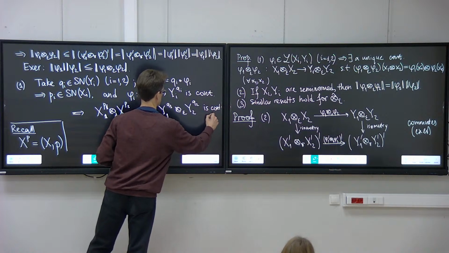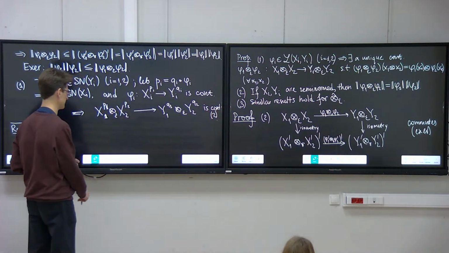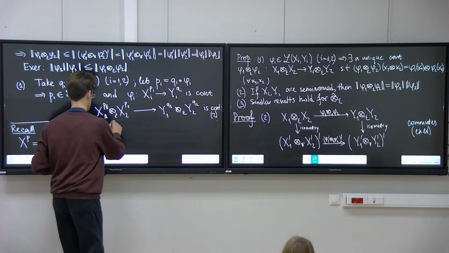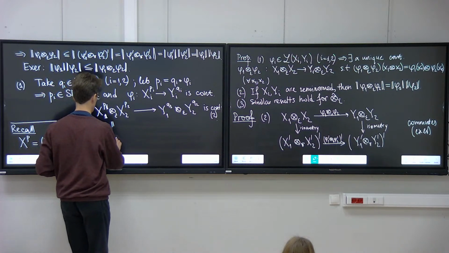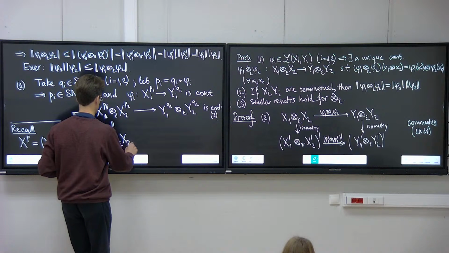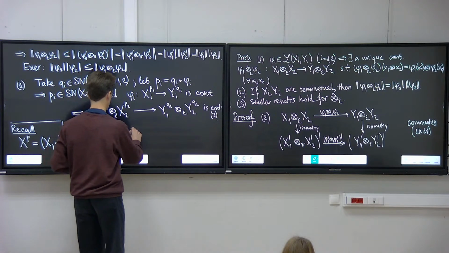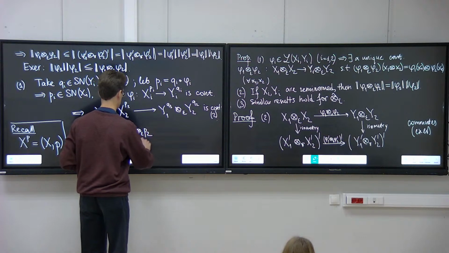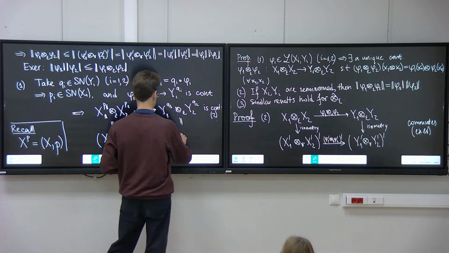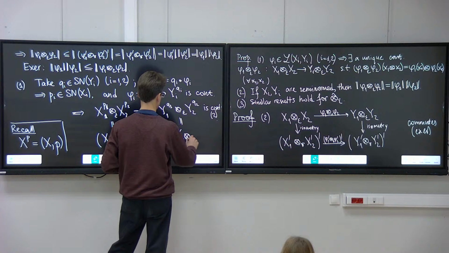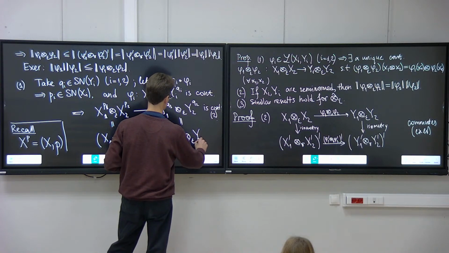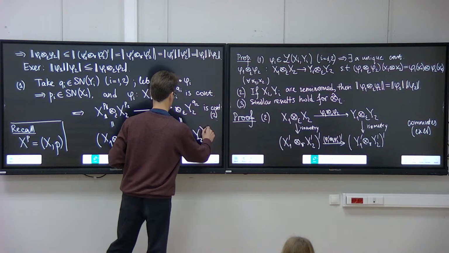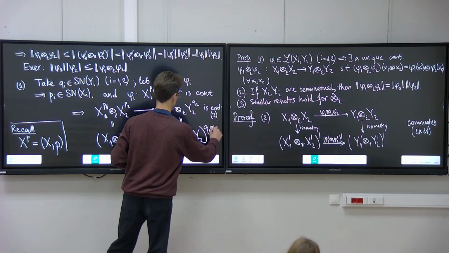This is continuous by part 2. But this is nothing but the injective tensor product of x1 and x2 equipped with the single seminorm p1 tensor p2. And this is similarly the injective tensor product of y1 and y2 considered as a seminorm space for q1 tensor q2.